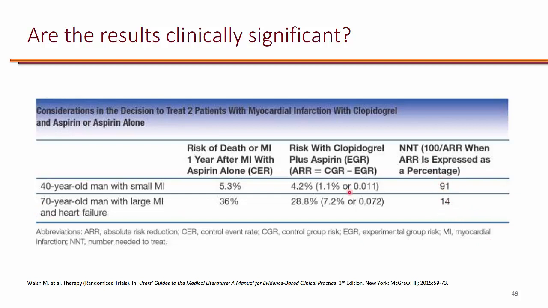So suddenly it makes a huge difference. So if your patient was a 40-year-old in this particular example, you may choose not to use this treatment, versus in a 70-year-old it may have a more clinically significant meaning and you can use it. So don't worry about these interventions, but this is just to illustrate the utility of number needed to treat when it comes to different patients.